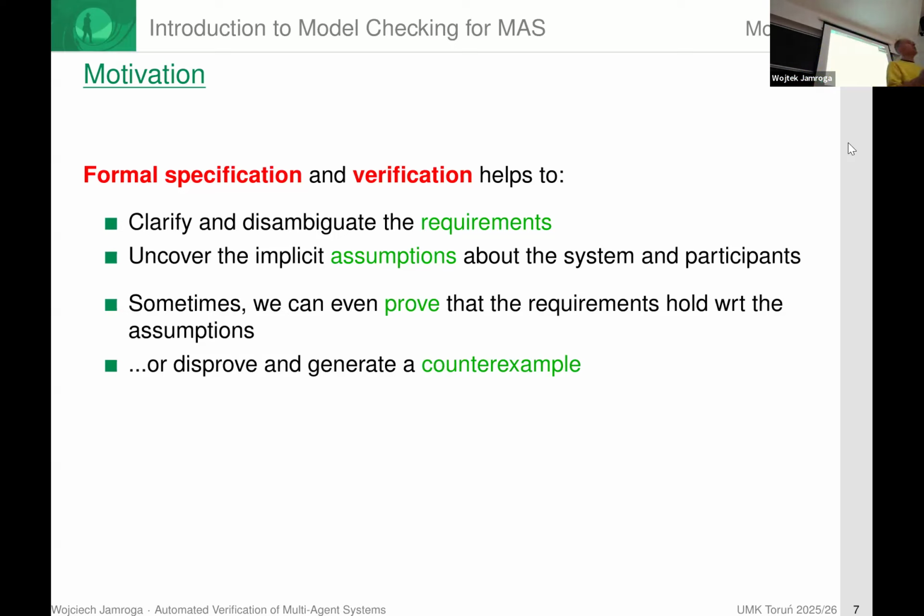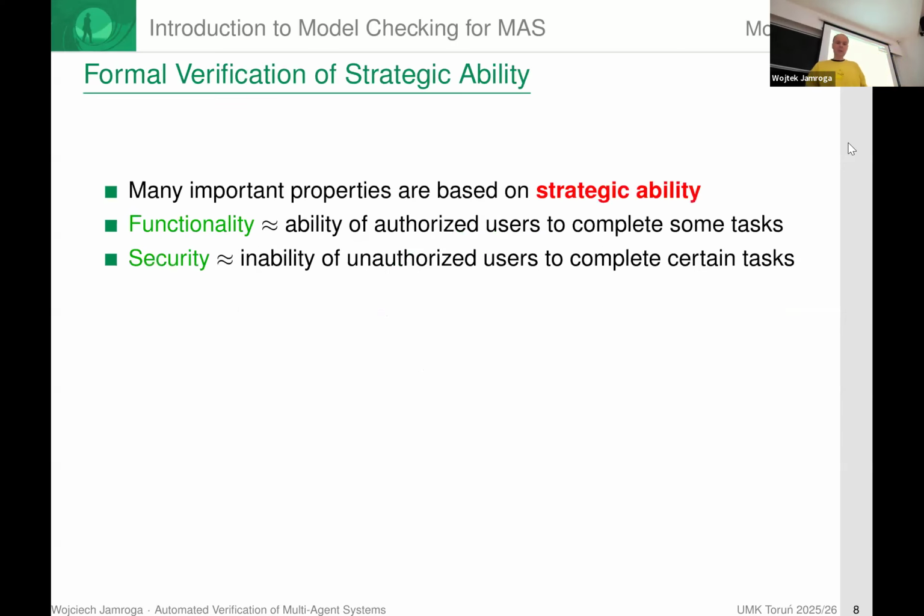So it shows some kind of execution path, for example, that invalidates the requirement, which is very useful information because it can be used for debugging. Okay. And then, since I will talk a lot about strategic ability, not so much today, but from the next lecture on.